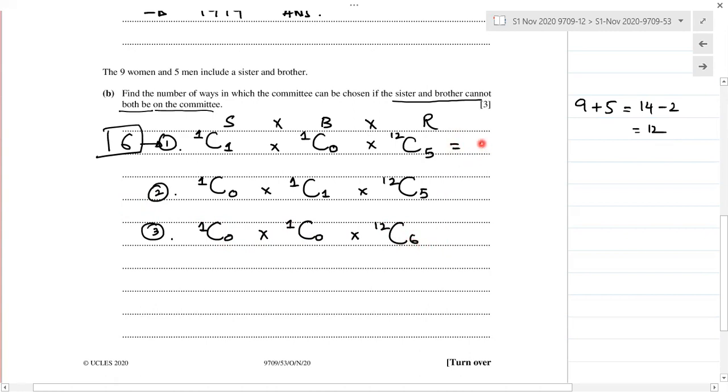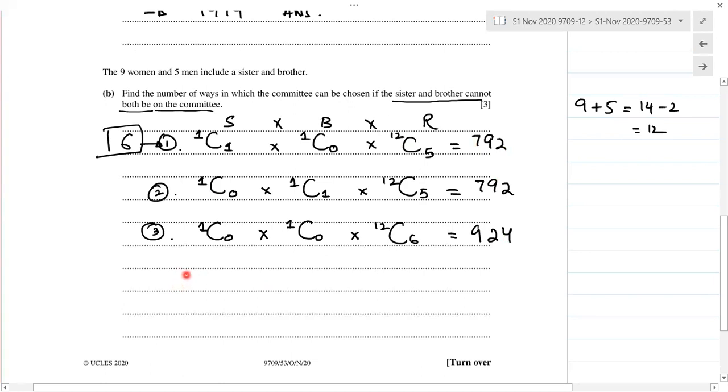So for the first one, 1C1 times 1C0 times 12C5, we get 792. Then 1C0 times 1C1 times 12C5, we get 792, the same as above. Then 1C0 times 1C0 times 12C6. Remember, 1C0 does not give you 0, it gives you 1, so that's just 1 times 1 times 12C6, and that gives you 924.